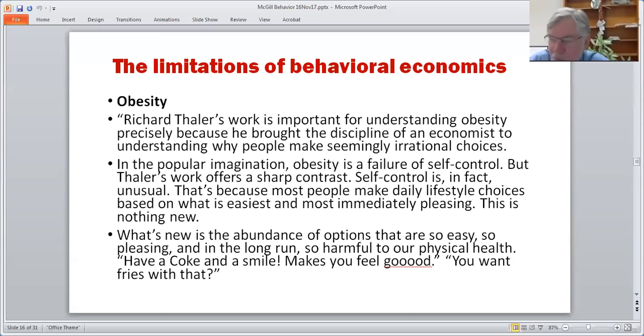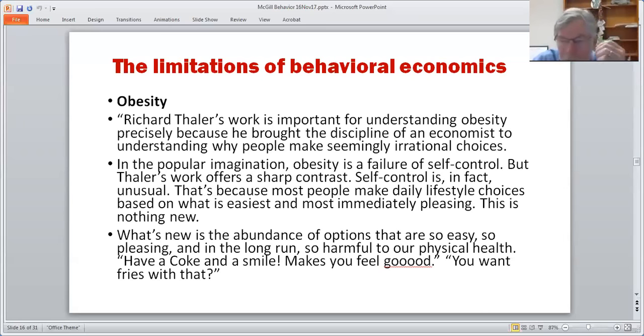He wrote a book called Nudge, about how you can nudge people to do the right thing. And this is something about obesity that was in the New York Times. Quote: Richard Thaler's work is important for understanding obesity precisely because he brought the discipline of an economist to understanding why people make seemingly irrational choices.